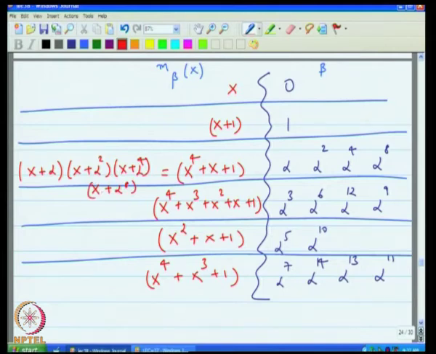So, that means that this collection of 4 elements are precisely the zeros of this. Perhaps I will just get rid of this line so that you can see things more clearly.